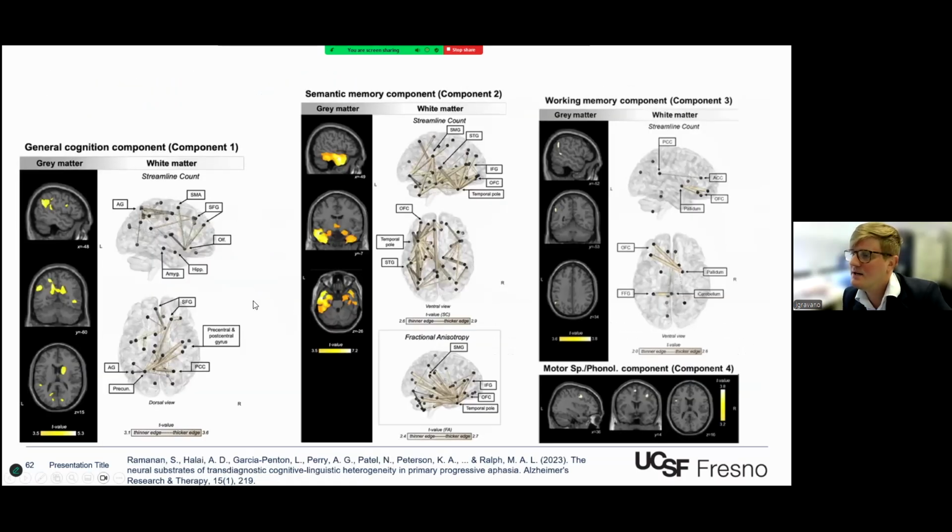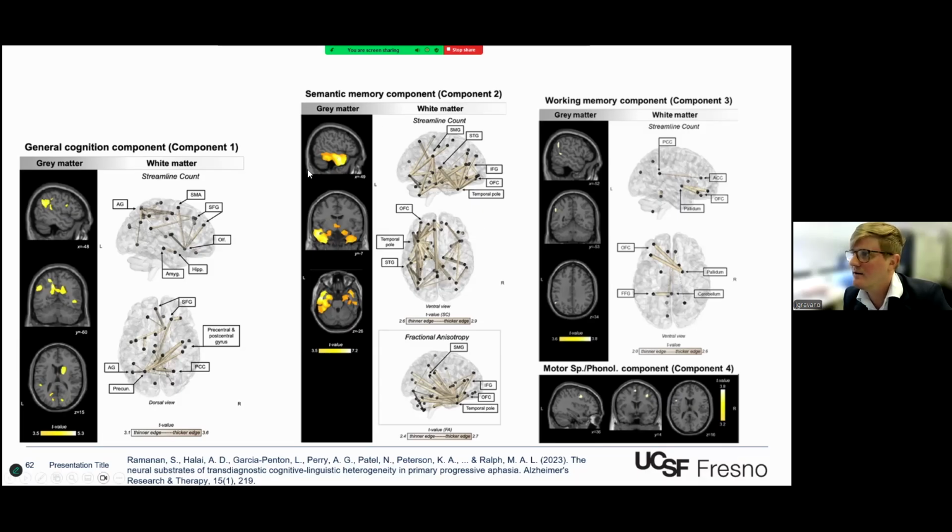This is an attempt to show some of the factors that might be influential in understanding a presentation with cognitive impacts. For example, general cognition, the idea that PPAs do progress to everyday dysfunction and dementia diagnosis.